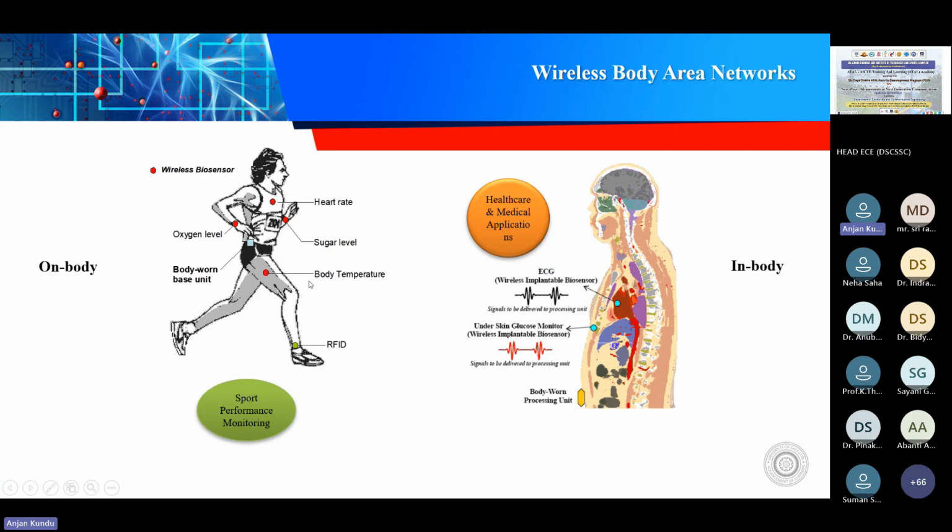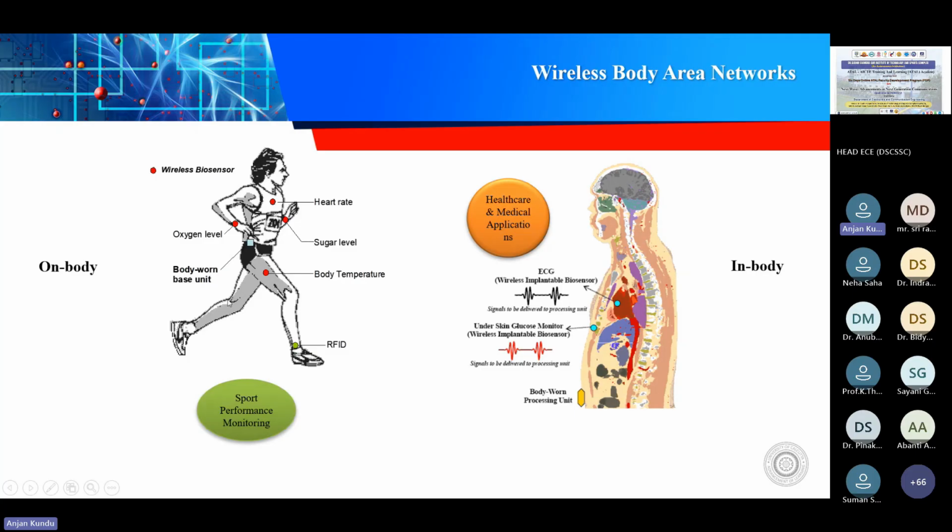Again, I am just trying to explain it again. In case of on-body WBAN, there will be a network on the body of the patient. Numerous sensors will be placed on the body of the sports person here, for example, and those sensors will be connected to the body-worn base unit. So this is the on-body communication between the body-worn base unit and on-body sensors.